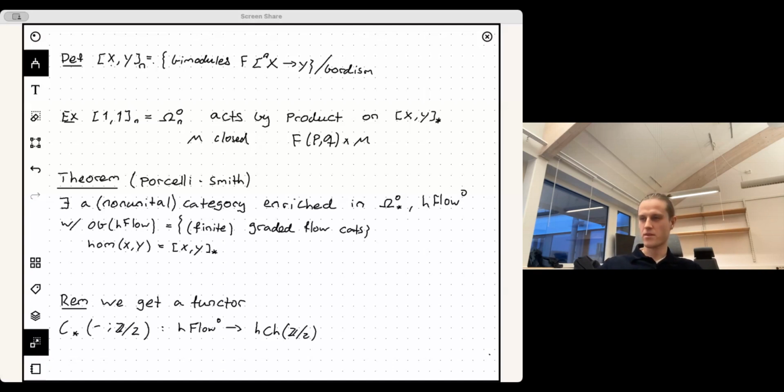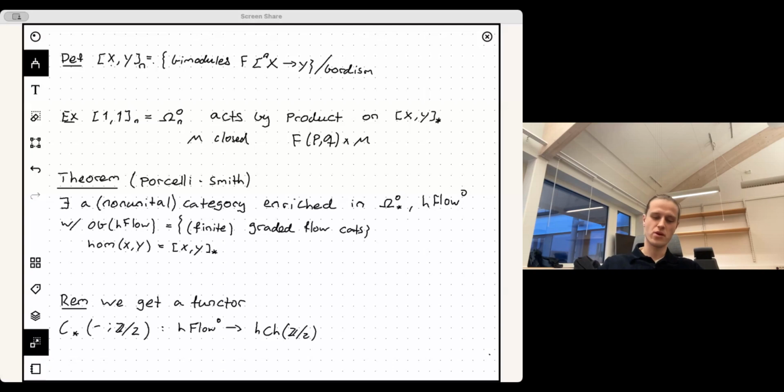And then the big theorem of the first part of Porcelli-Smith is that all the flow categories and the sets of bordism classes of bimodules between them assemble into a non-unital category enriched in modules over the graded bordism ring. We call this H flow O.